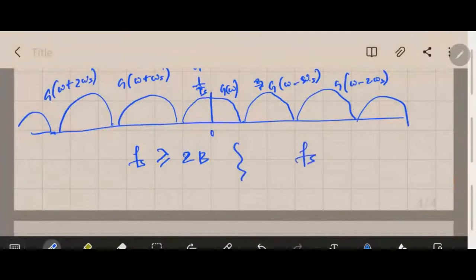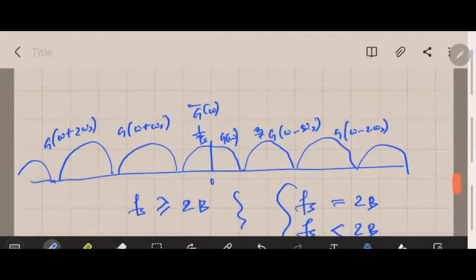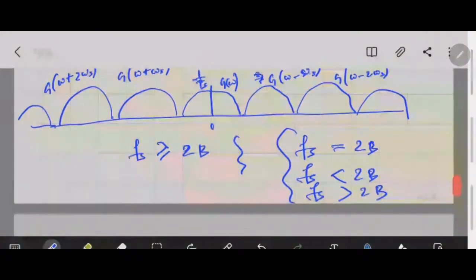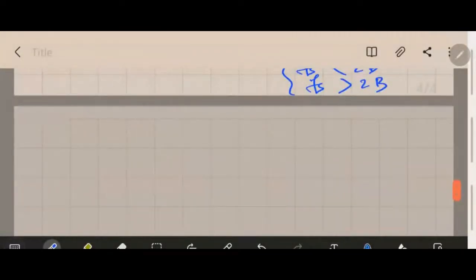One is fs is equal to 2b, one is fs is less than 2b, and one is fs is greater than 2b. For these three cases, this spectra will be shown in three different ways. This spectra will look different when the relationship between these frequencies is different. Okay, let's see. First is the case when your fs is equal to 2b.